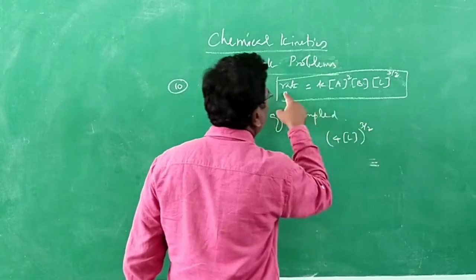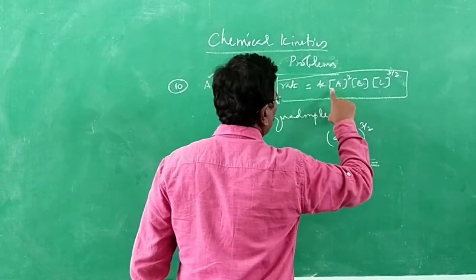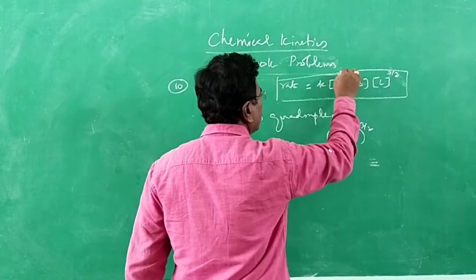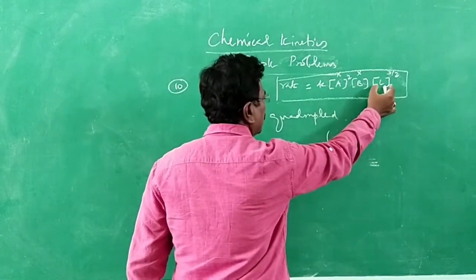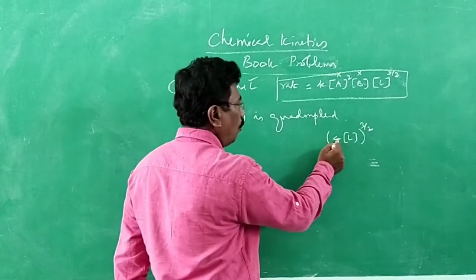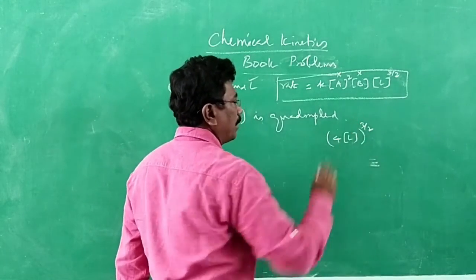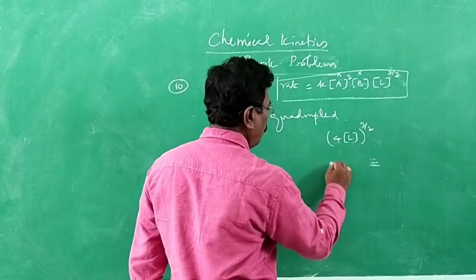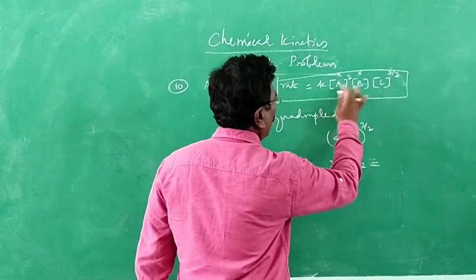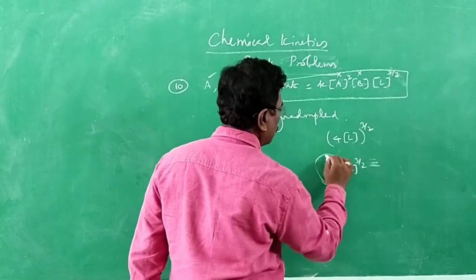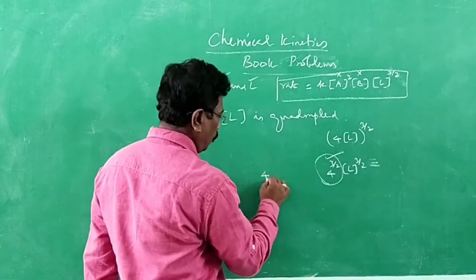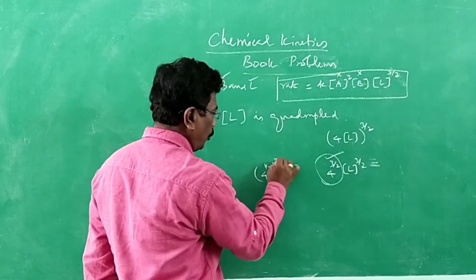Rate is directly proportional to concentration of A square and B, and these concentrations we didn't disturb. We have disturbed only the concentration of L. It is quadrupled. Therefore, 4 into concentration of L to the power 3/2, which is nothing but 4 to the power 3/2 into L to the power 3/2. All other things are the same except this one, so the rate will be increased this many times. What is this many times? 4 to the power 3/2.